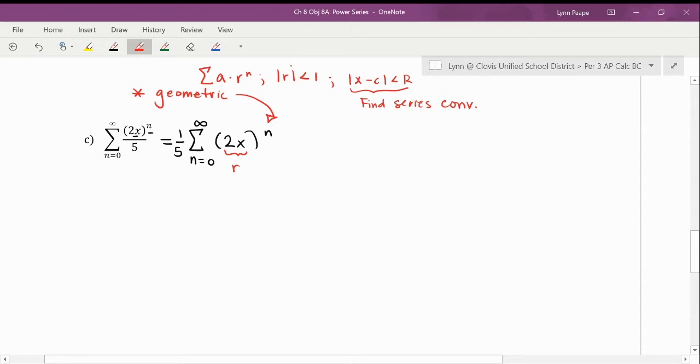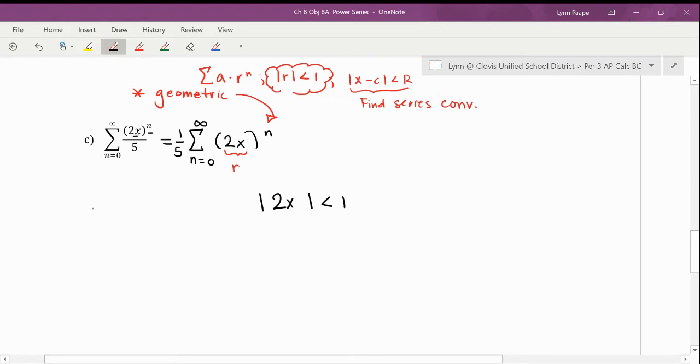Well, I know this portion right here. If the ratio is less than 1, I know that I have a converging series. So that's what I'm going to do. I'm going to take the ratio, which is 2x, put it into its absolute value form, and make the statement that it has to be less than 1 in order for the series to converge, right?